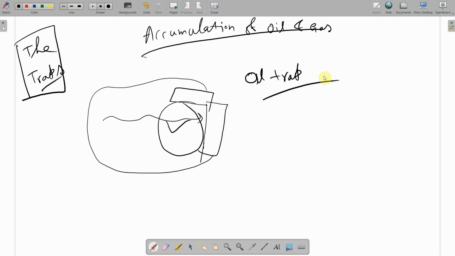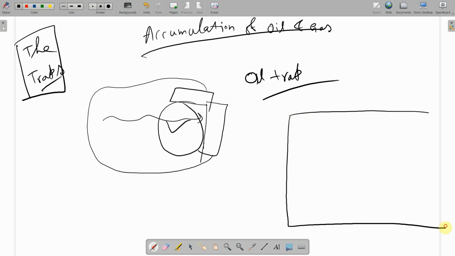If I take an example, this thing I have already discussed, anticline and syncline, and I showed you some examples that an anticline could be a good petroleum trap. Suppose there is a permeable layer. At first let me draw the permeable layer.